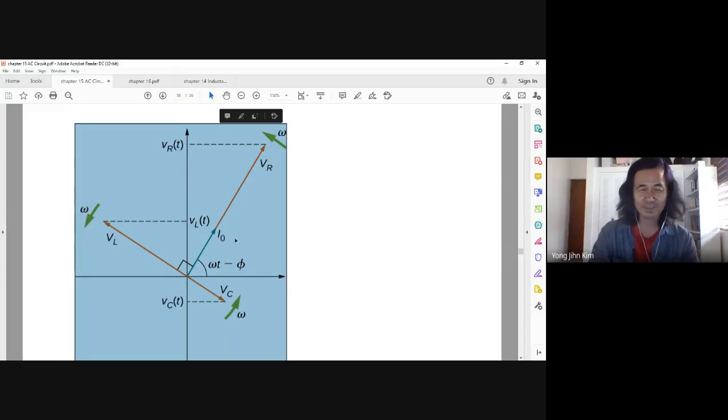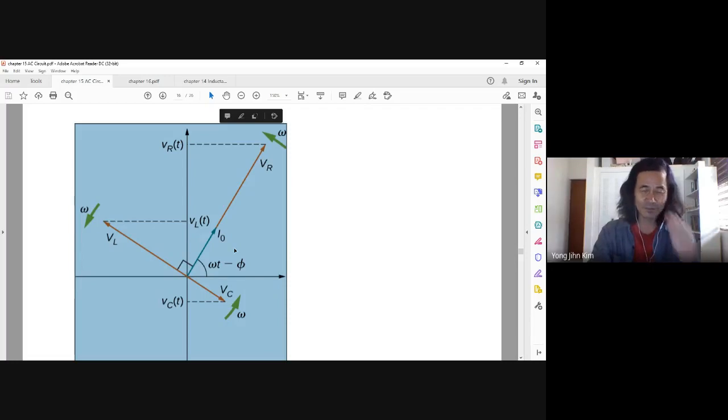We project the current phasor to the y-axis, then we have I0 sine omega t minus phi. For the resistance, you remember current and voltage are in phase. So if the current phasor is here, then the voltage phasor for the resistor should be here also, with the angle omega t minus phi.